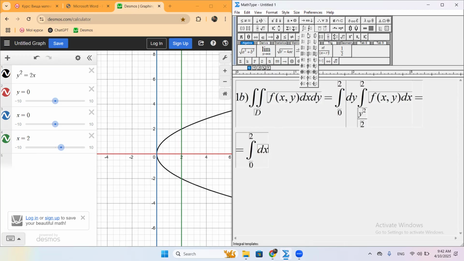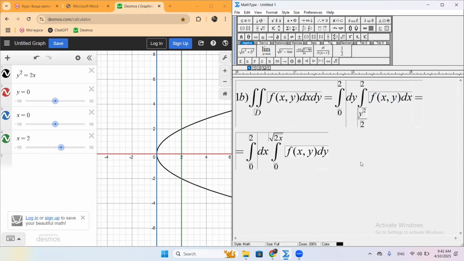And y has values from 0 to the square root of 2x. Actually, these integrals will give the same result. Any questions about this exercise?